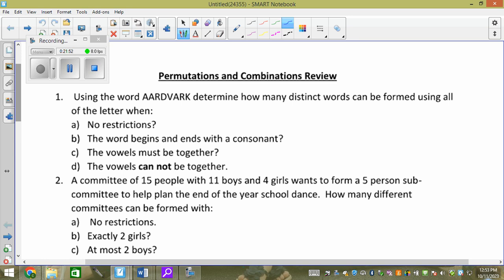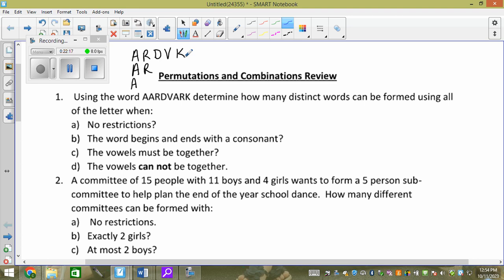So here it says using the word aardvark. So the first thing I do is I go A, R, D, V, A, R, K. Why do I stack stuff like this? So you can see if anything repeats to make sure you have a denominator, right?